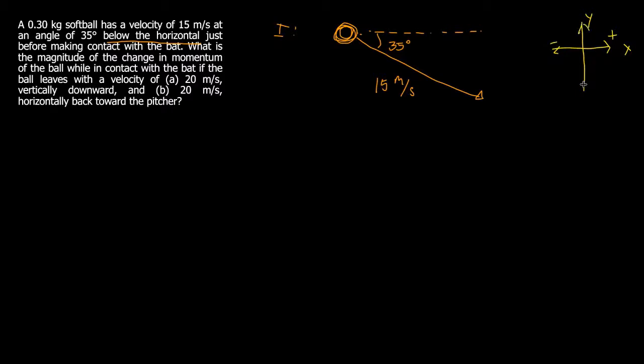While sa y component, yung papunta sa taas, yung positive, pababa naman yung negative. So, etong 15 meters per second, 35 degrees down the horizontal, meron siyang x component, which is this. Let's label it u sub x. And meron siyang y component, which is this. Let's label it u sub y.